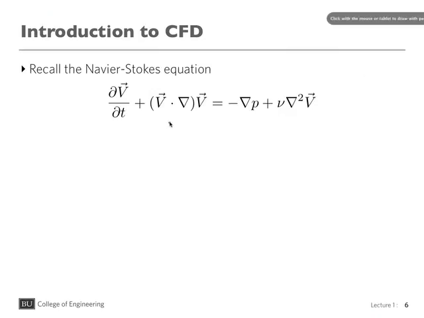So just to remind you in case this is not fresh in your memory, or you haven't seen it in a while, or you haven't seen it altogether. This is the unsteady term. This is what we call the convective acceleration.